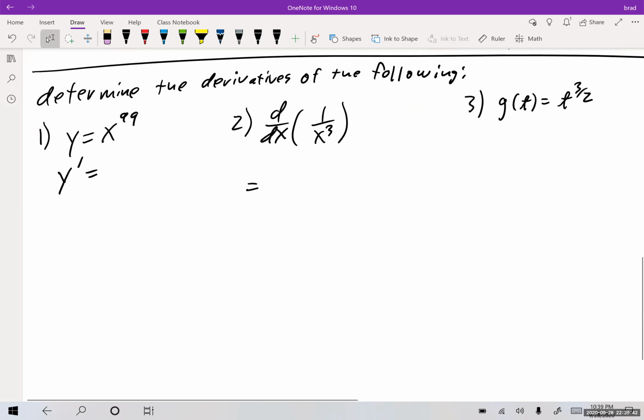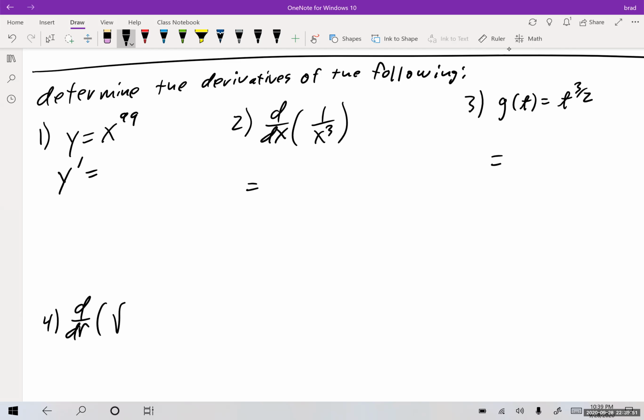Okay, and let me give you guys a few more to practice. Number 4 would be d dr of the 5th root of r squared. Let's see what that equals. And then number 5, let's do y equals 1 over the square root of t. And then let's do d dx of pi for number 6.